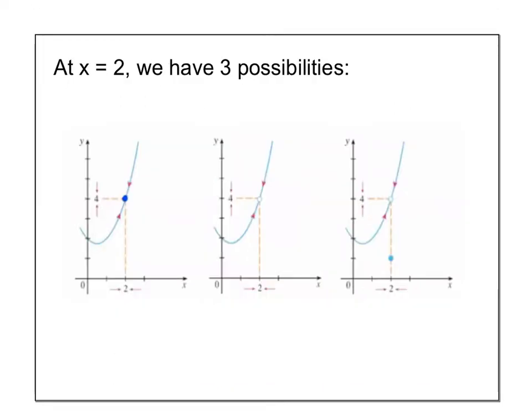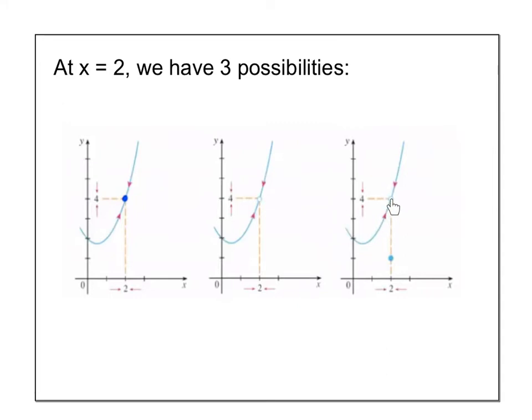Well, if we move that window away, we really have 3 scenarios for what could actually be happening. Well, we could have what we expected, that there's just a point and that curve continues here, that it really does have a point here at 2, 4. Or perhaps there's a hole right there, but it's still approaching 4 on either side of 2.